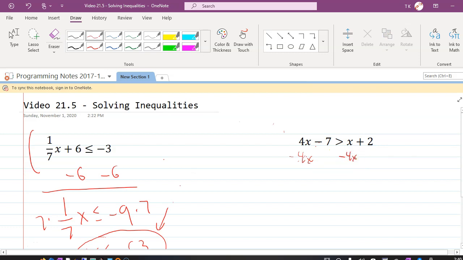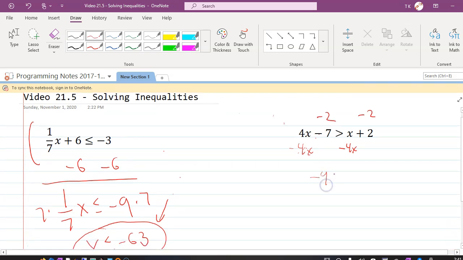And while I'm here, let's get that plus 2 over to the other side too, so that I have -9 is greater than -3x.